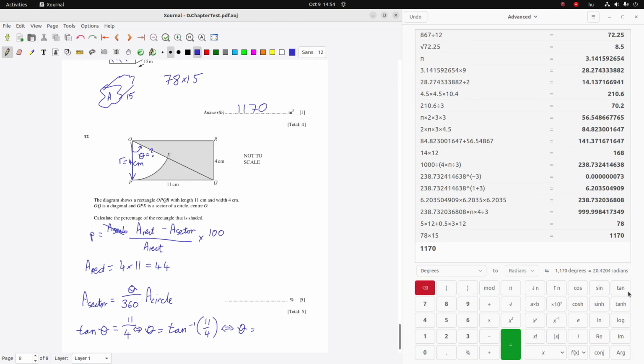Make sure your calculator is on degrees, very important. How can I do the inverse tan on this calculator? Here's a tan button.